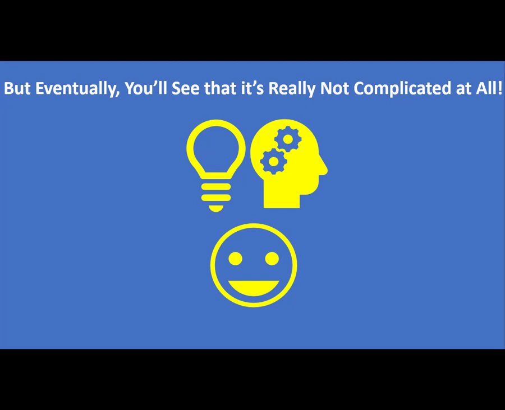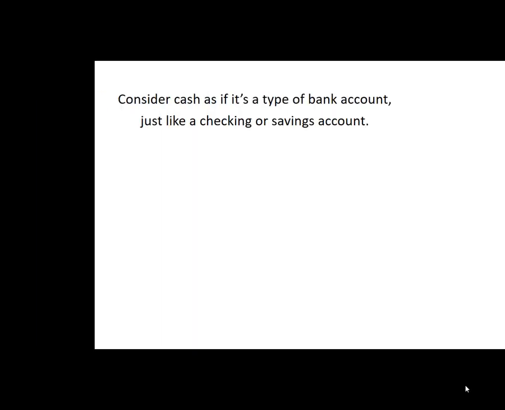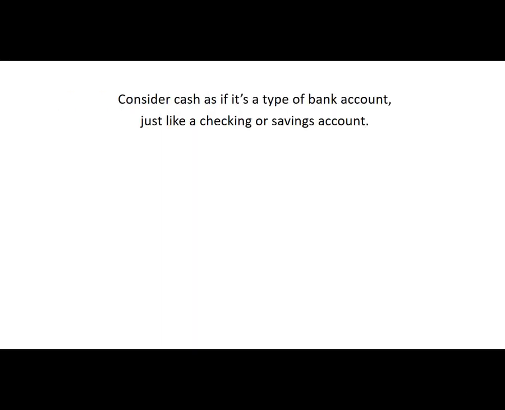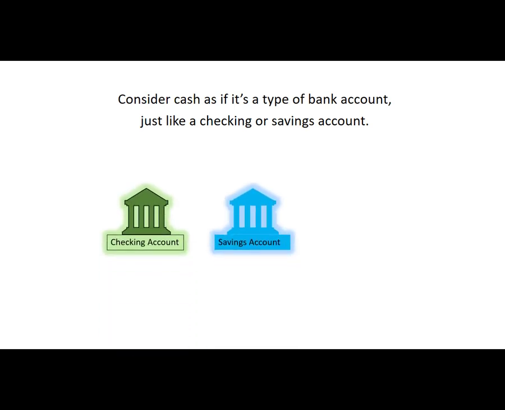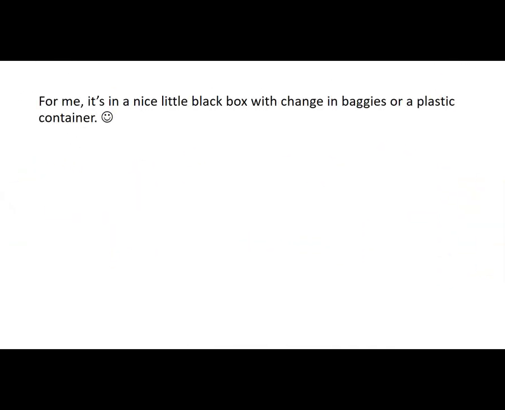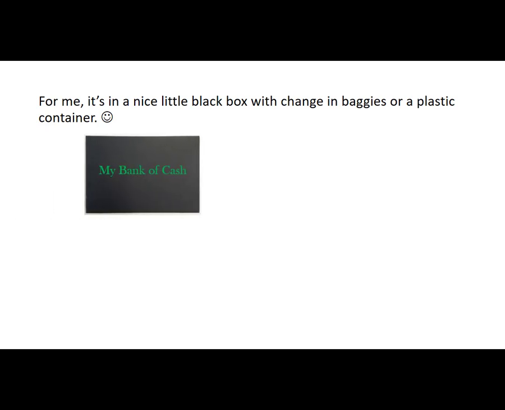The first thing you really have to understand is that cash is just like having another account. So you have a checking account, you have a savings account, and essentially you have a cash account. So the bank of cash is located in your wallet. Or in my case, I have this really nice little black box, and I actually have, yes, okay, this is embarrassing, but I do.